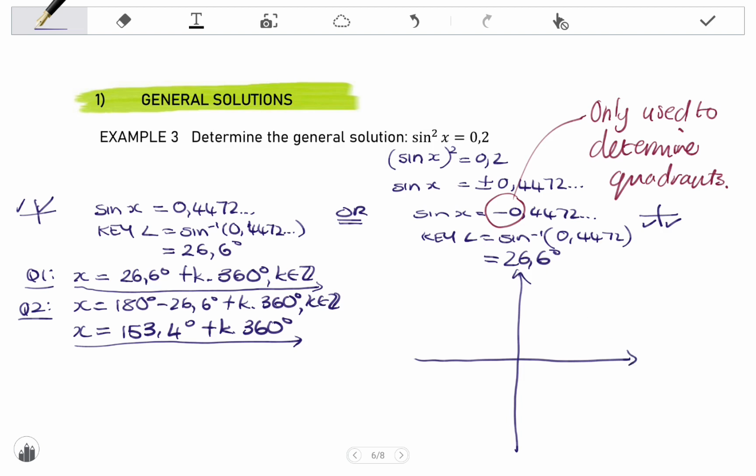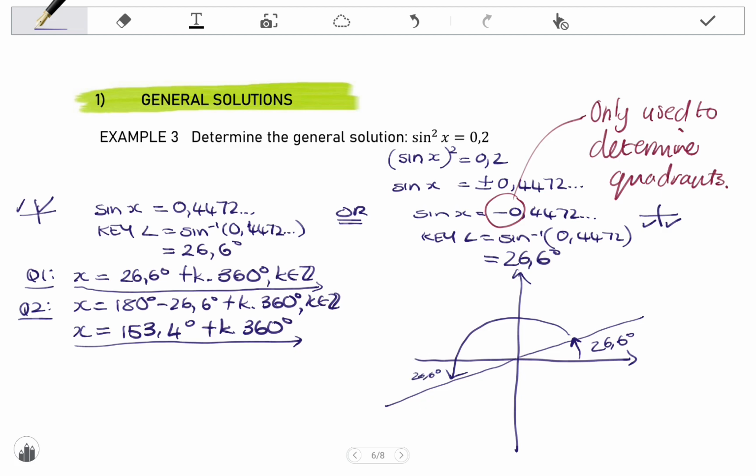My key angle is 26,6 degrees, so say that takes me there. If I were to add 180 degrees, it takes me to the third quadrant, and in the third quadrant my angle is 180 degrees plus 26,6 degrees.